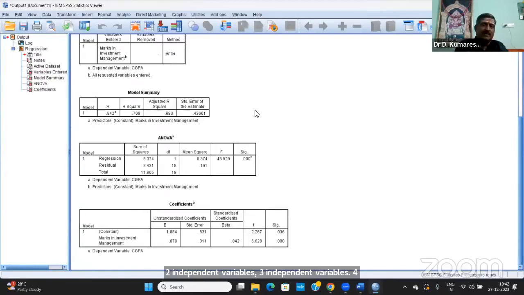These independent variables may individually or jointly together influence the dependent variable. ANOVA is performed to understand the influence of all the independent variables together.